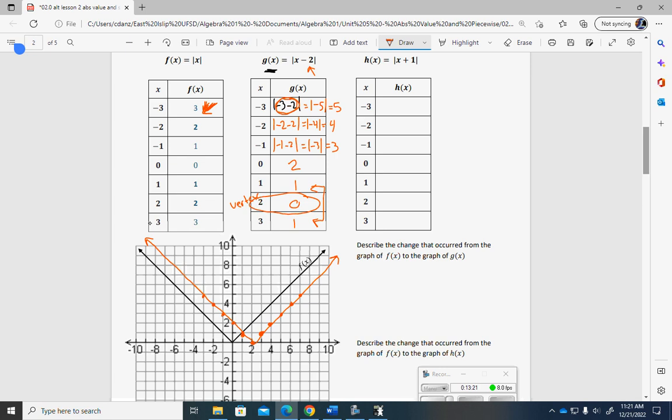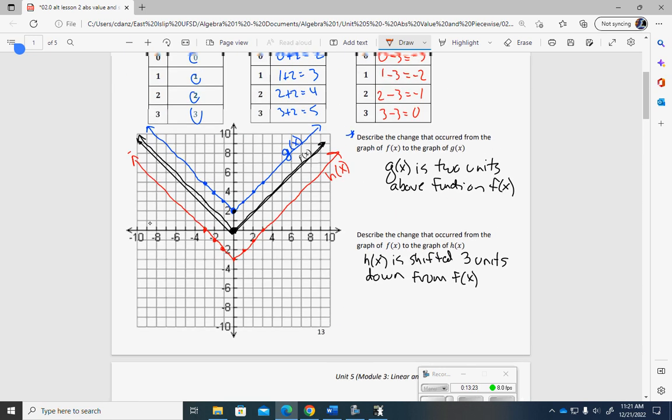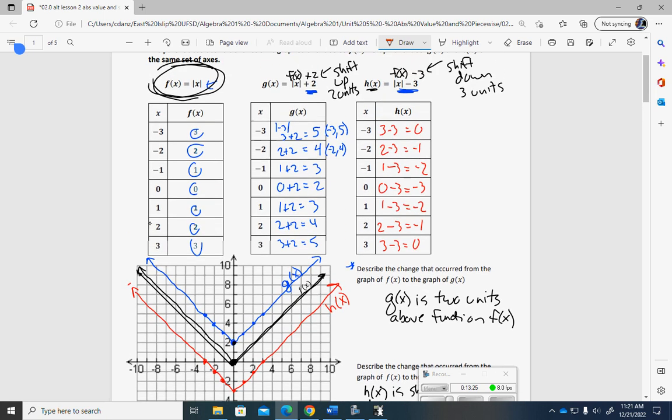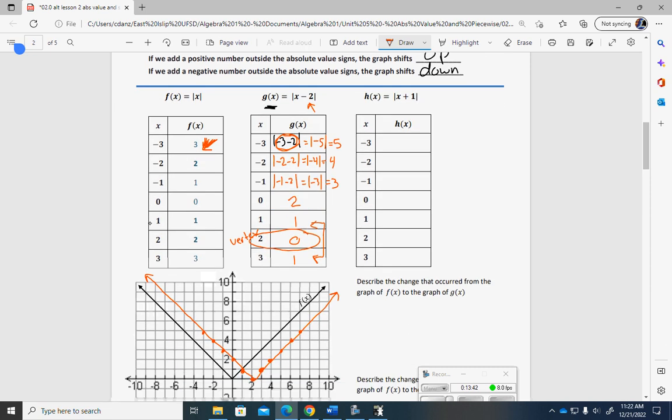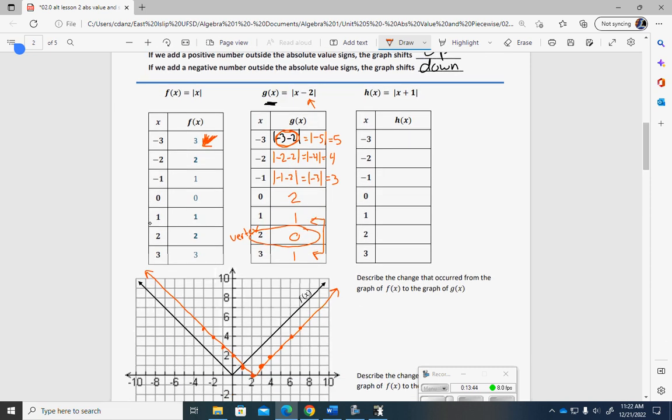Where if we look back at our do now, this shifted up or down, which means it affected the y value, right? So an up-down motion affects the y value. So when I have something outside the absolute value signs, it's really affecting the y's. And if I have something inside the absolute value sign, it's going to affect the x's.